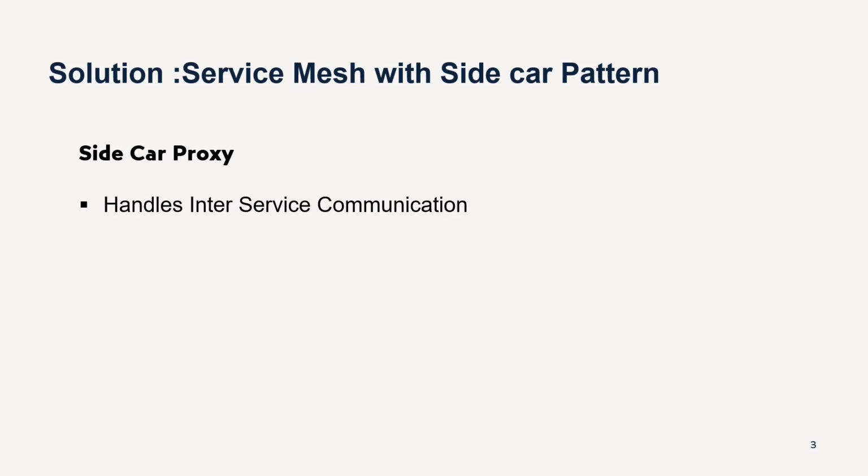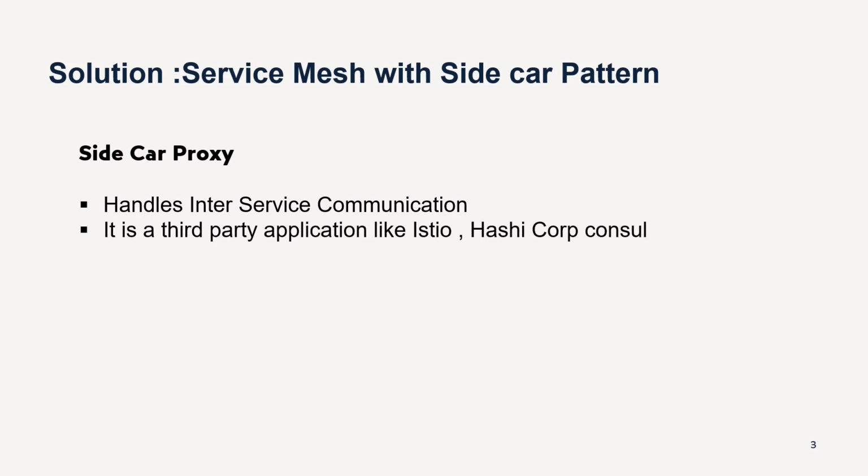So, in a nutshell, the sidecar proxy is the main component of this solution, and it handles all the inter-service communication. And also, there are some third-party applications like Istio and HashiCorp Consul.